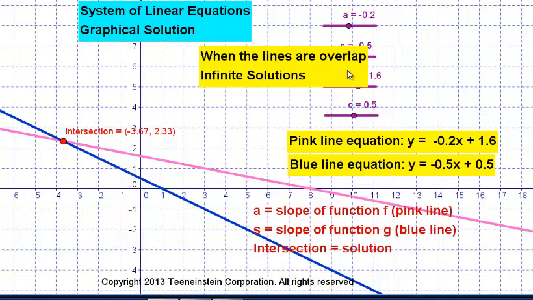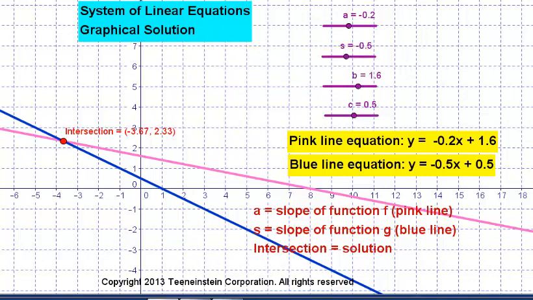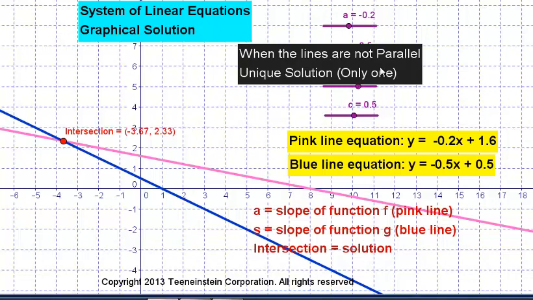The third case, when the lines are not parallel, that means the slopes are not equal, we don't bother about the y-intercepts, there will be a unique solution, only one solution. This is case number 3.